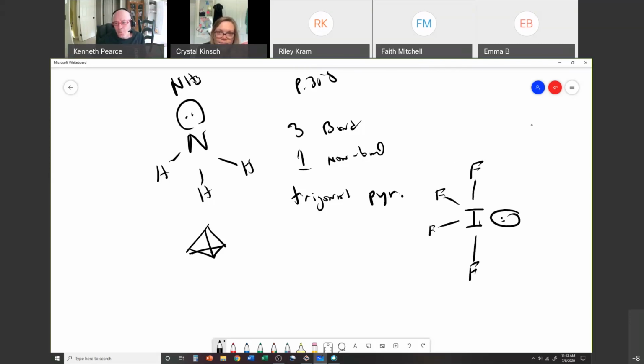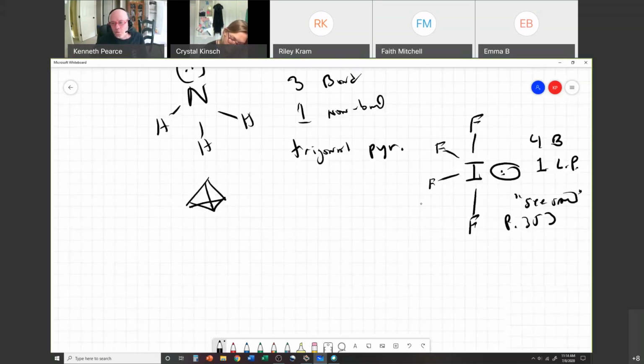You look at this and you say, I've got 4 bonded, and we'll abbreviate with that B, and 1 LP, lone pair, non-bonding. We go 4 and 1, and we see that is something called a seesaw. That's on page 353.